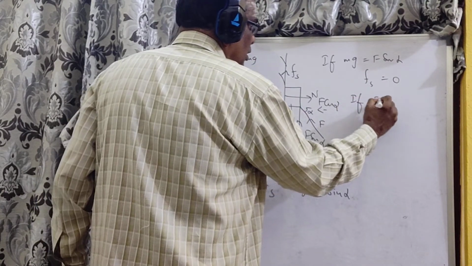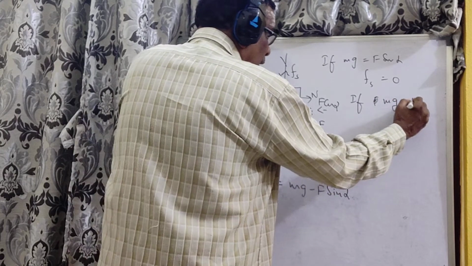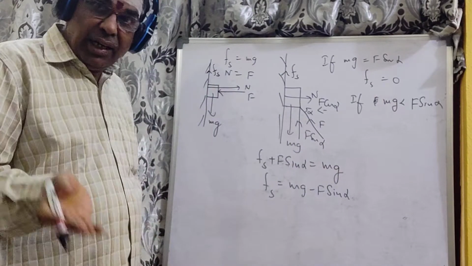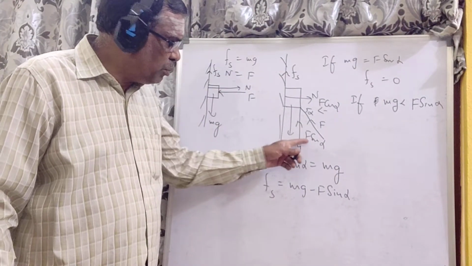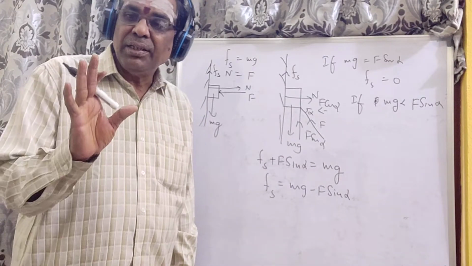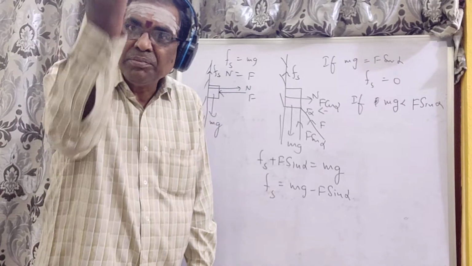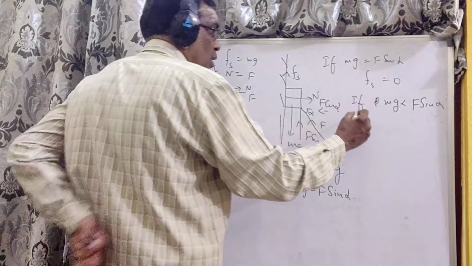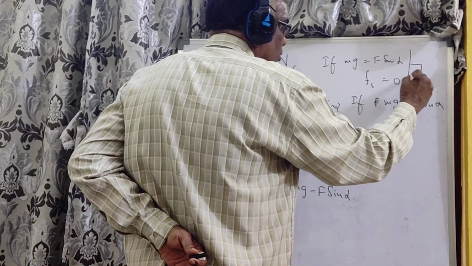If mg is less than F sin alpha, that means if this is 100, suppose this is 120, then what should happen? The tendency for the body is to slip up. Therefore, frictional force will have to act downwards. I will give you all these cases here.